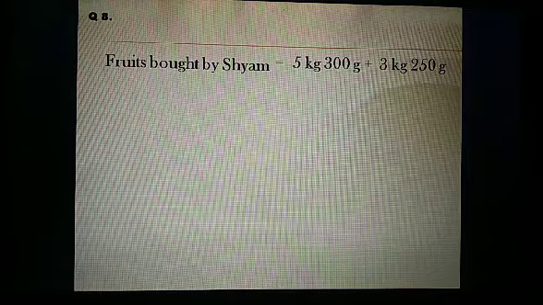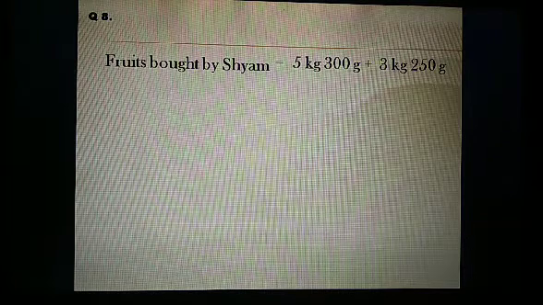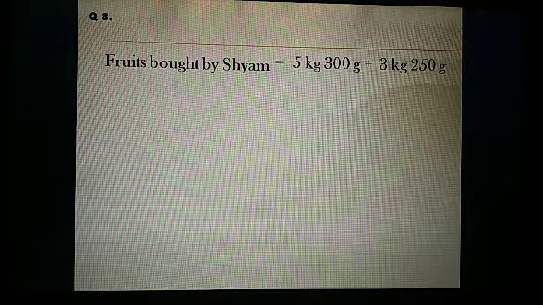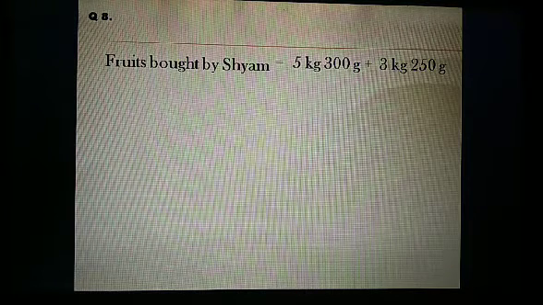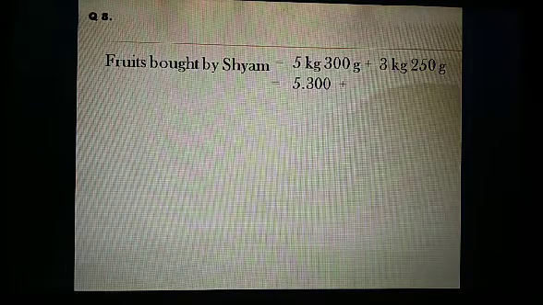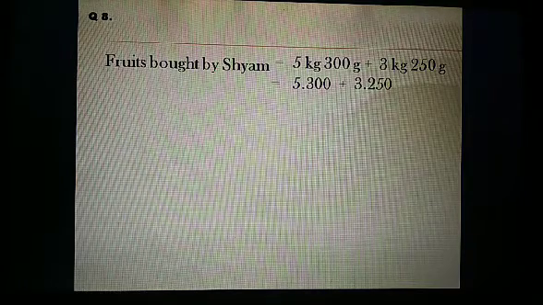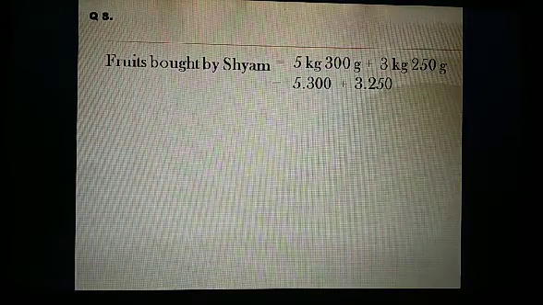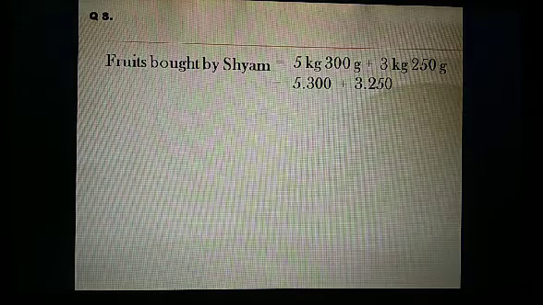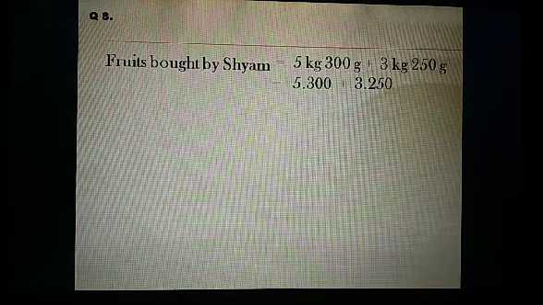As we are supposed to convert gram to kilo, it means you will put a dot after 3 digits. So what will you get here? 5.300 and 3.250. Now again, first add the decimal part and then the whole part. What will you get?